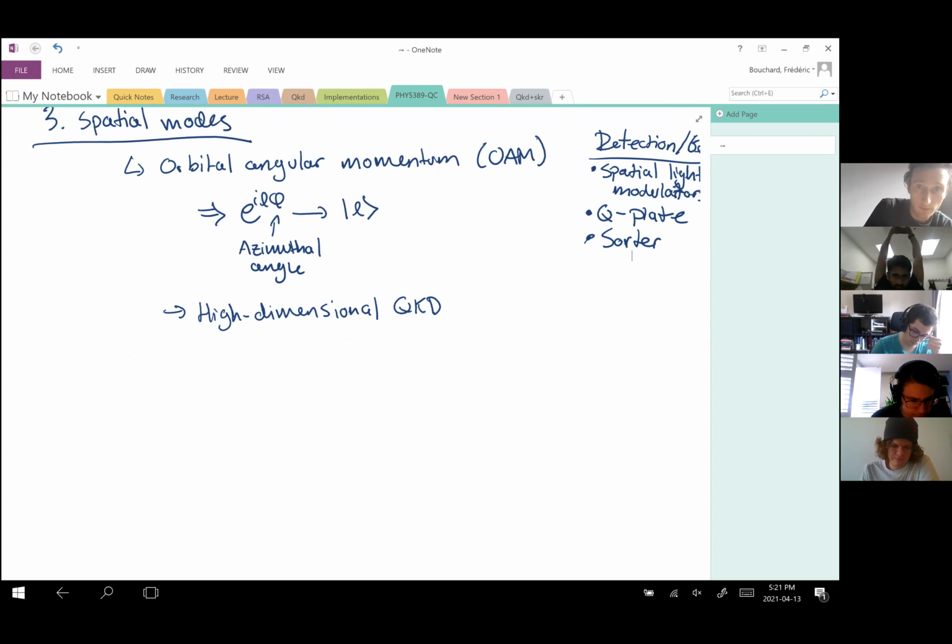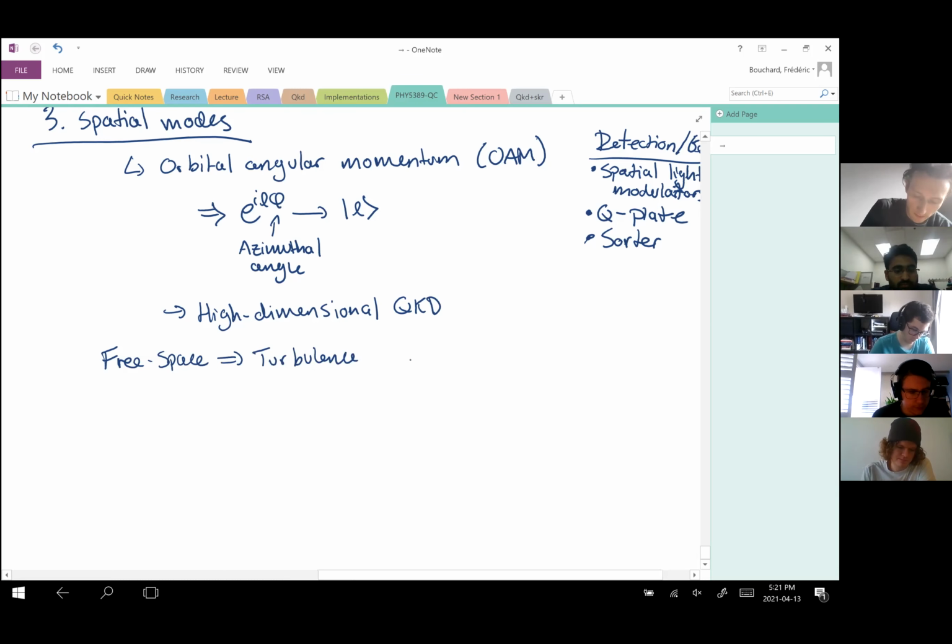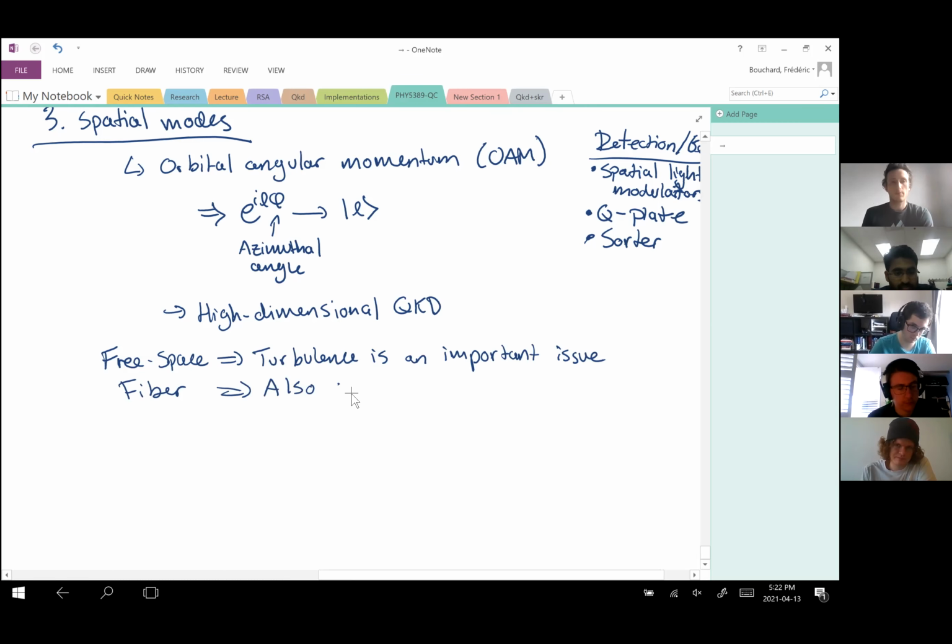The problem is in free space, spatial modes are very challenging because of turbulence. Because the turbulence will directly change your spatial mode, which means now you're changing the quantum state that you're encoding in. And in fiber, this is also possible. It has been done in different labs, and also in Ibrahim's lab, but it is challenging because of mode dispersion.